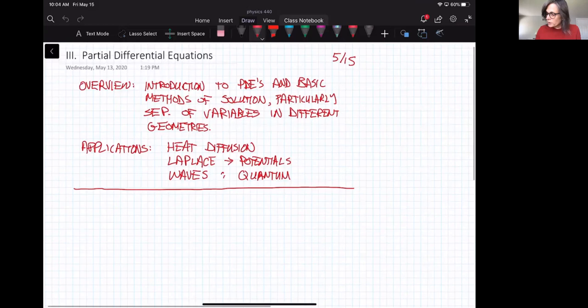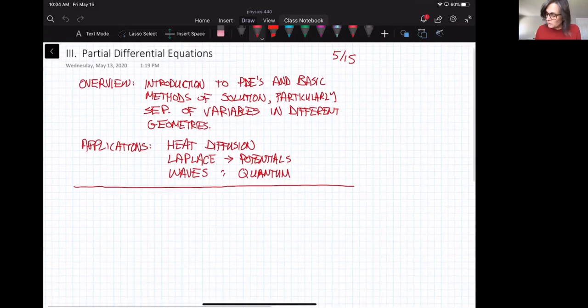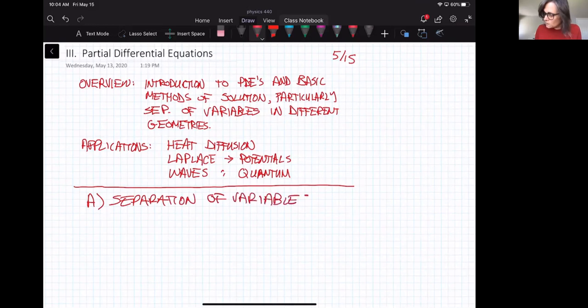So this is part 3, partial differential equations, just in case you didn't get that. And we'll start with separation of variables. If you go back to the very first section when we started talking about differential equations, I already laid out the different types, the hyperbolic, parabolic, and elliptical differential equations that your book talks about in the first couple of sections.